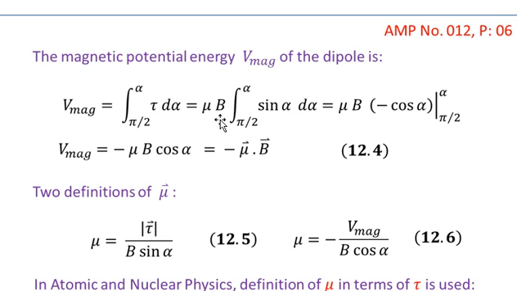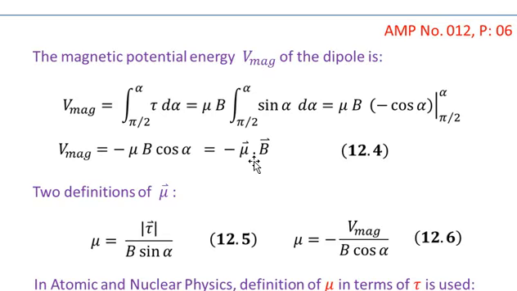You can substitute the value of tau. So mu b can be taken out, and sine alpha is under the integral. If you integrate this, you will get minus cos of alpha, giving minus mu b cos of alpha. Or simply you can say it is minus mu dot b.